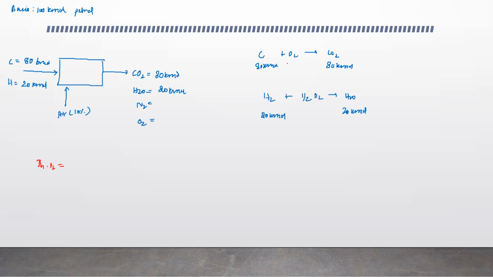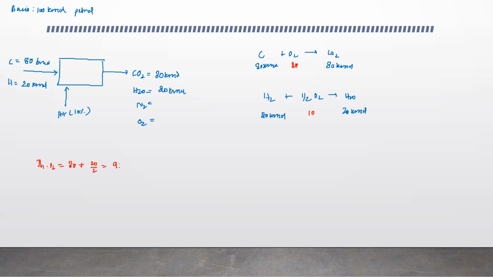So theoretical oxygen demand is going to be oxygen required here plus oxygen required here. Now, unlike the previous question, here no oxygen is present in the fuel. So all the oxygen that we demand is from the air, right? So theoretical oxygen demanded is 80 kilomole for carbon and 20 by 2, that is 10 kilomole for hydrogen. So it's going to be 80 kilomole plus 10 kilomole.